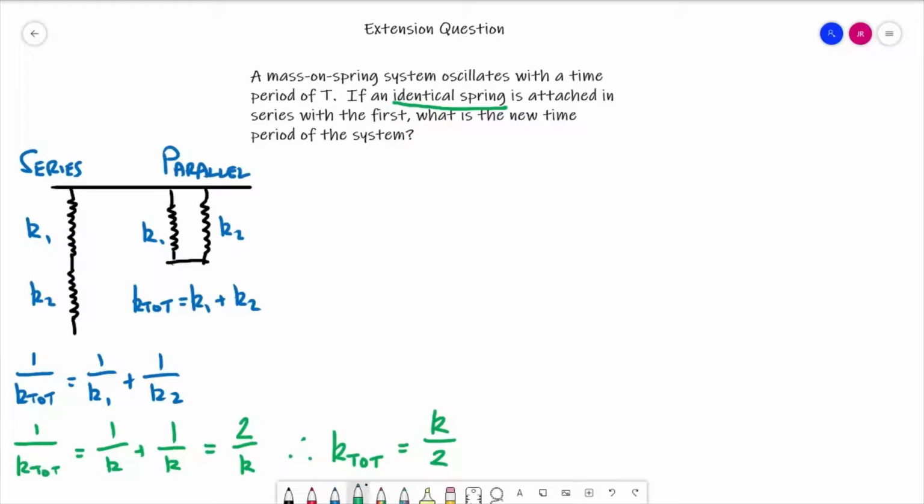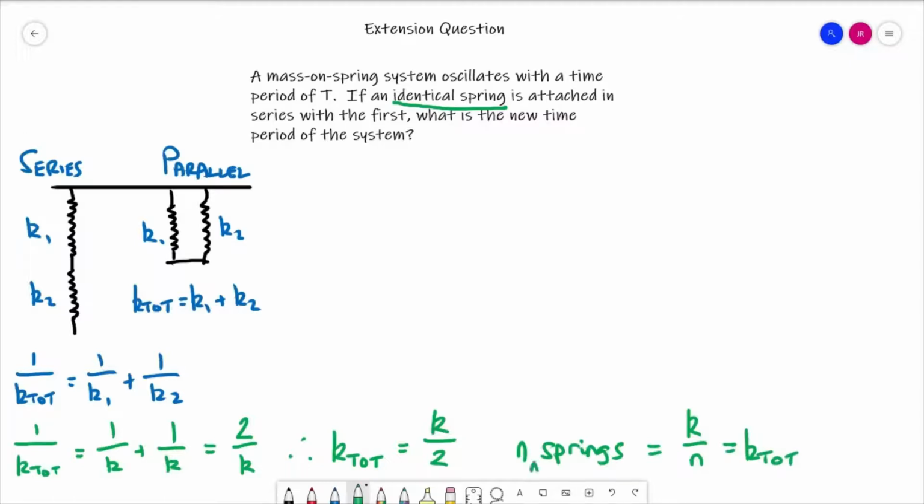In general, if we have n identical springs, and this is the easy way to work it out, then it's just the spring constant of one of them divided by n, the number of springs that we've got. That will give us the total spring constant.